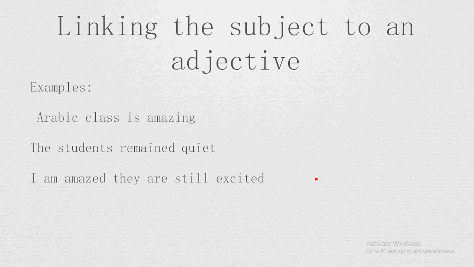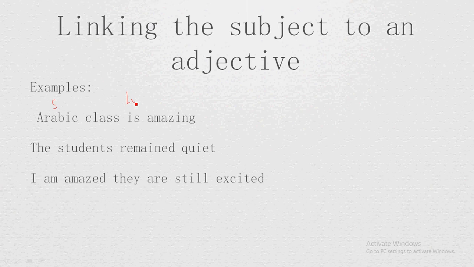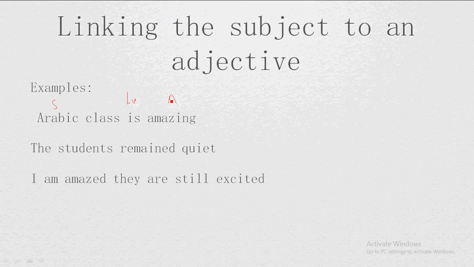Let's give some examples of what we just talked about. Arabic class is amazing. The subject here, or the doer of the action, is Arabic class. Is is the linking verb. Amazing is the adjective.